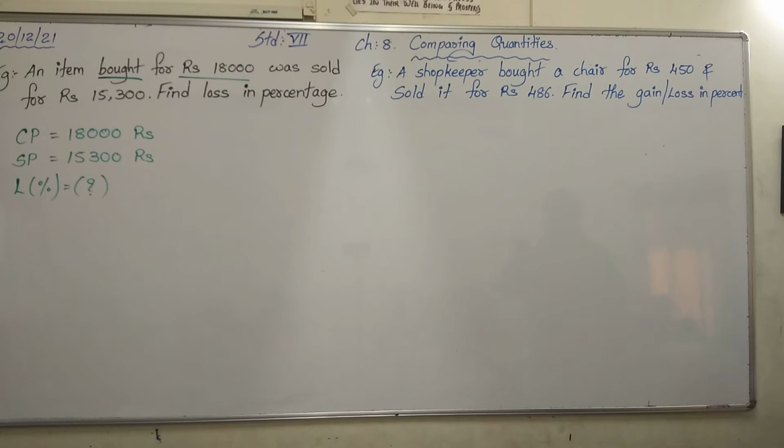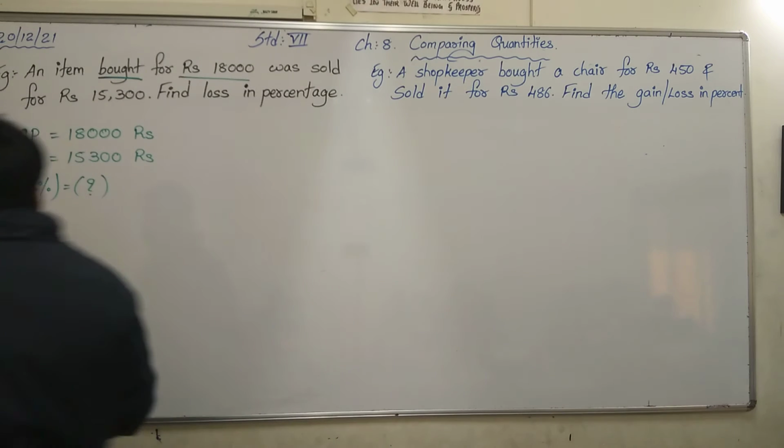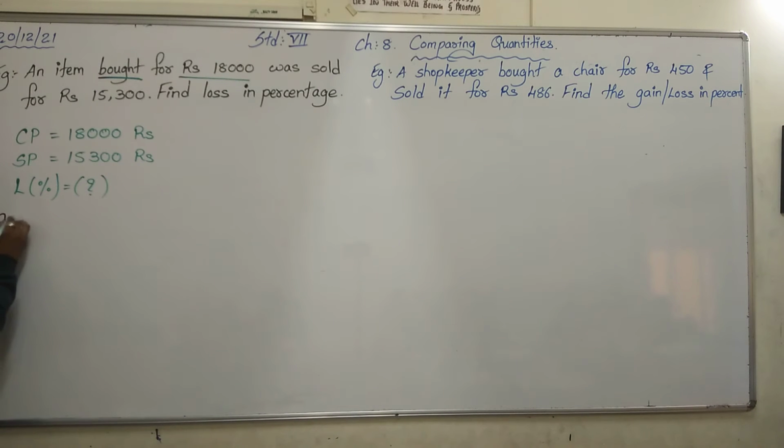The loss in rupees. શું required છે? Loss in rupees. બરાબર? So first we will find loss in rupees. So here as CP is greater than SP, you can easily identify the greater than.